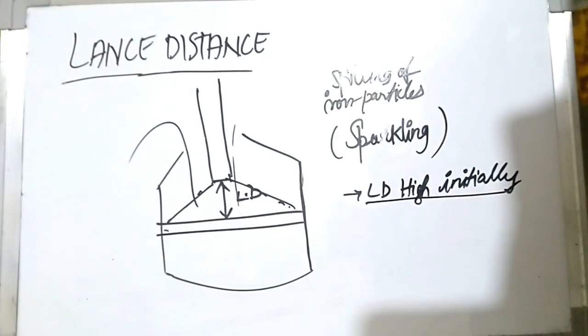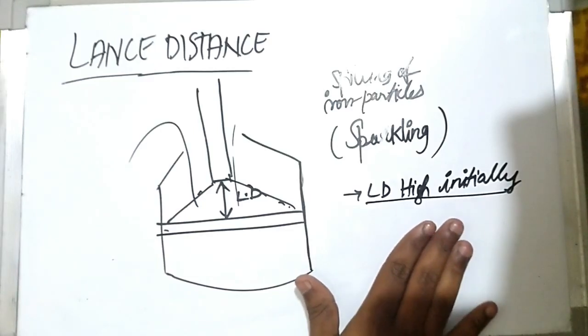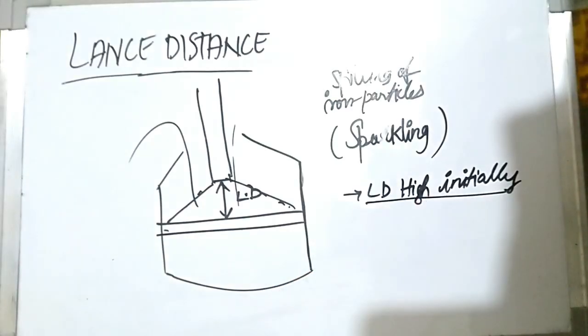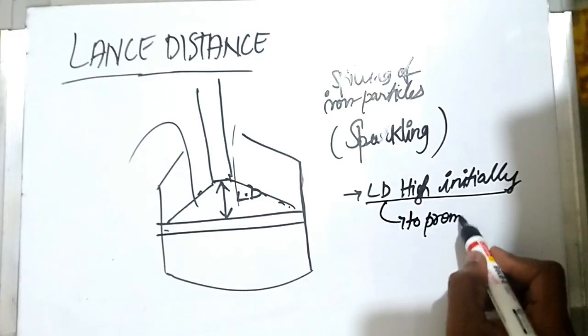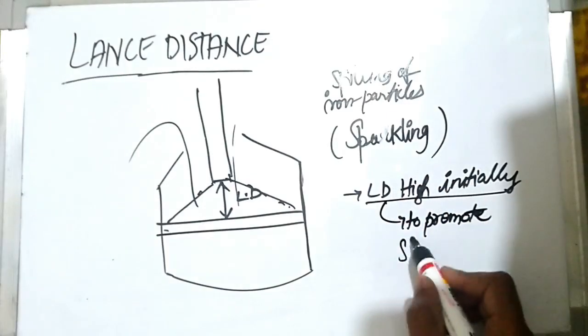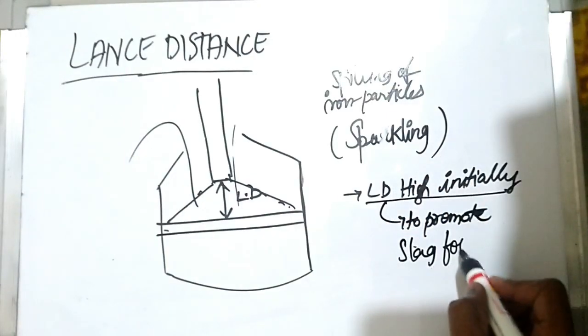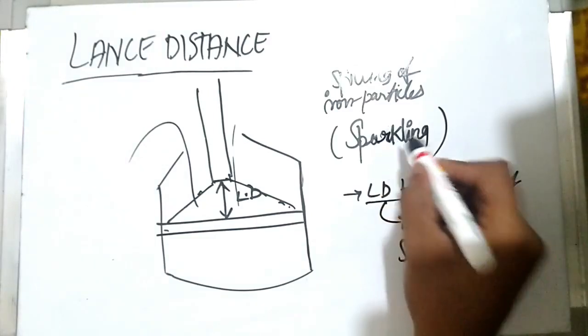Okay, the main requirement of this high lance distance initially is to promote the slag formation, and obviously to avoid sparkling. Okay, to promote the slag formation, this is to be kept high.